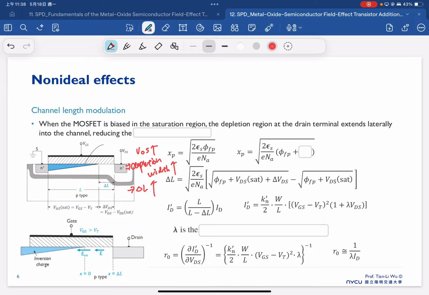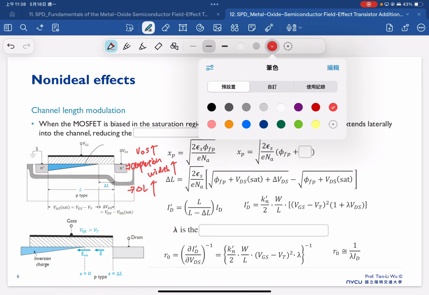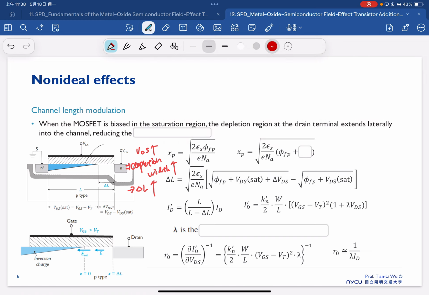So then the effective channel length will be reduced, because the effective channel length L prime is equal to the original L minus delta L, right?